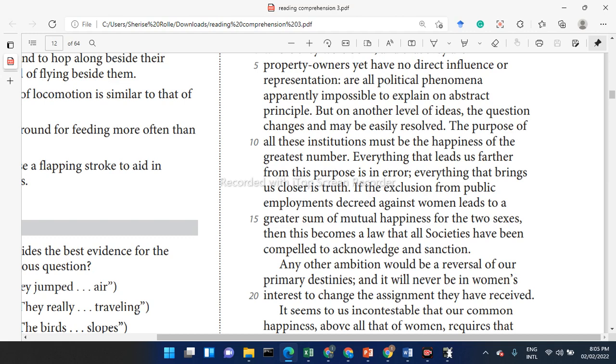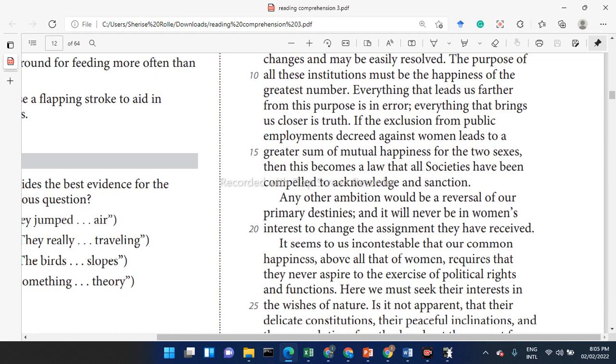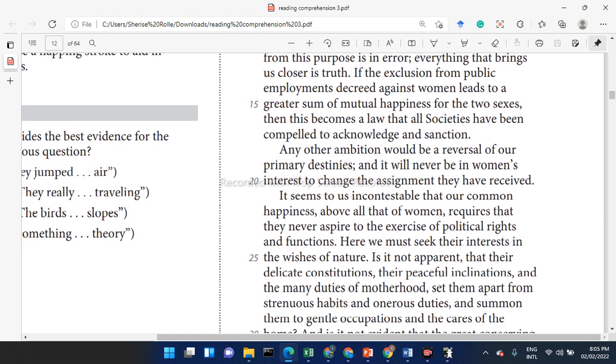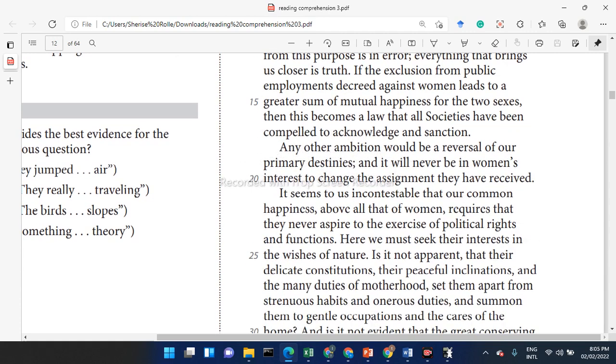If the exclusion from public employments decreed against women leads to a greater sum of mutual happiness for the two sexes, then this should become a law that all societies have been compelled to acknowledge and sanction. Another ambition would be a reversal of our primary destinies, in women's interest to change the assignment they have received.